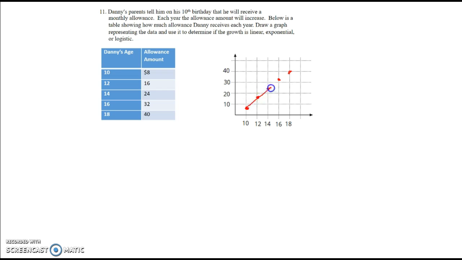Now, if I connect the dots, you can see clearly that those are in a line. This is linear growth.